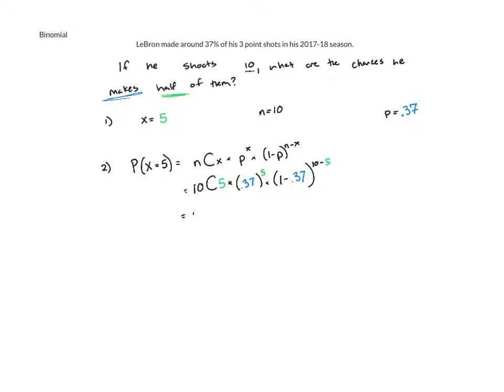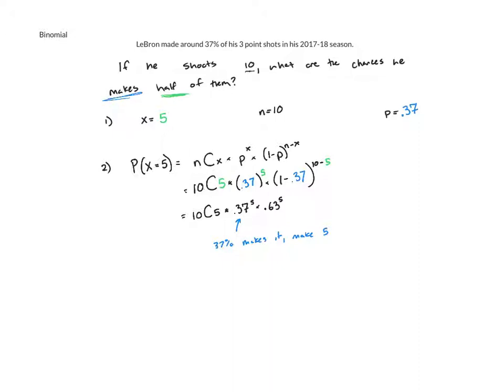And I'm going to simplify it so we can talk about it. This will be 10 choose 5, times 0.37 to the 5th power, times 0.63 to the 5th power as well. Now, this part right here makes sense because there's a 37% chance he makes it, and we want him to make 5, which is why we have 37% to the 5th power.